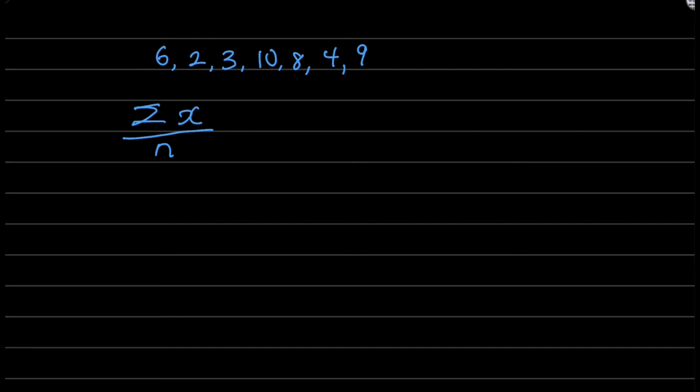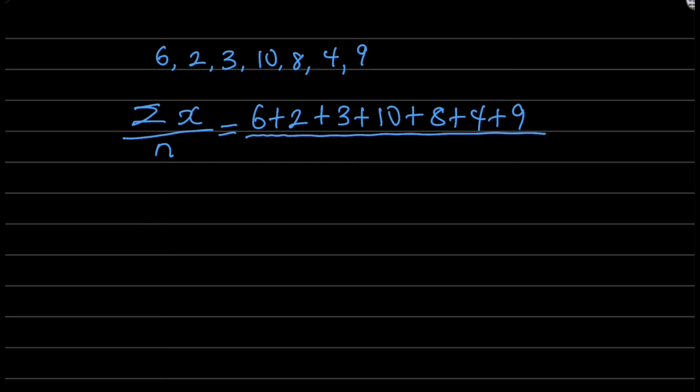Then the formula dictates the direction you go. The formula says add up all the x values. So that would mean 6 plus 2 plus 3 plus 10 plus 8 plus 4 plus 9, all divided by n.